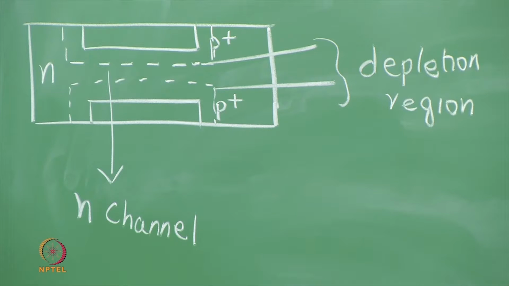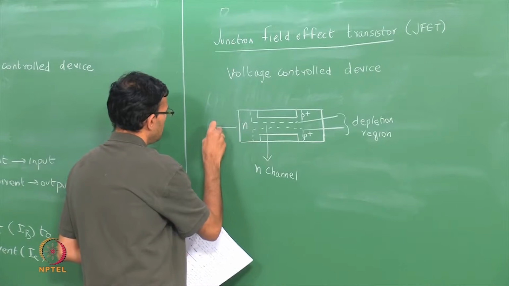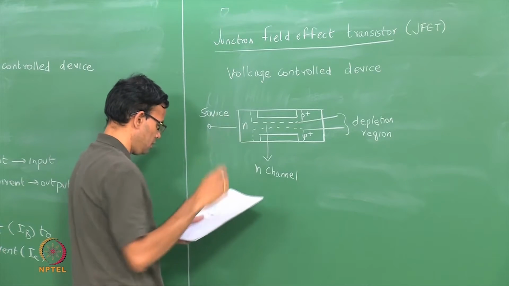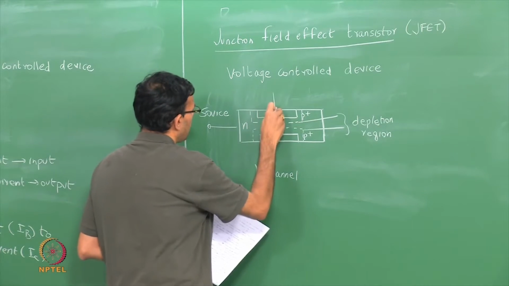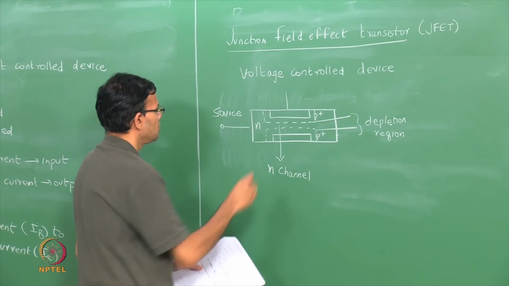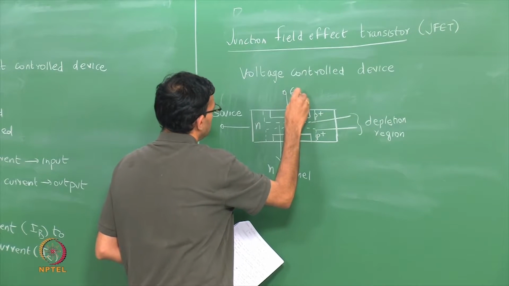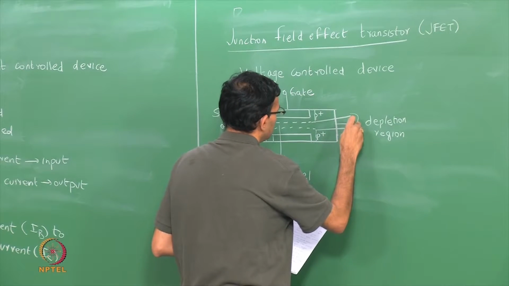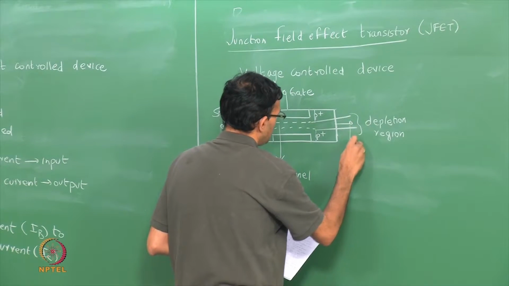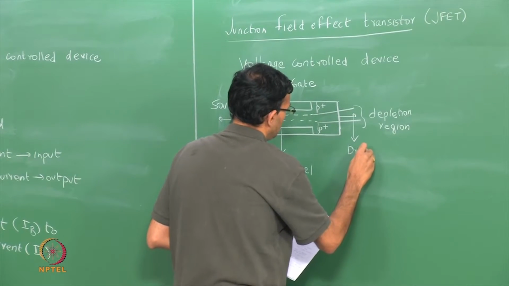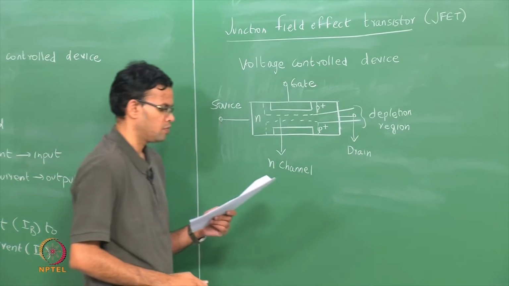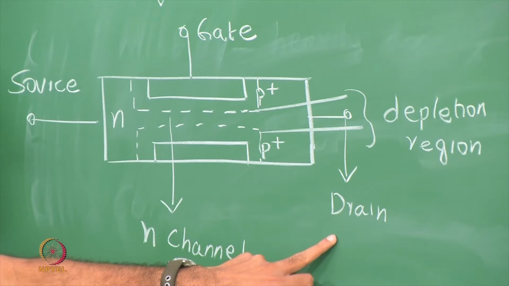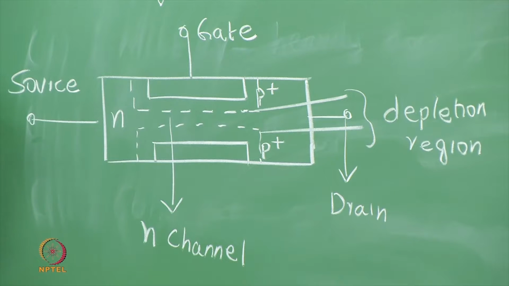So, we can again define 3 terminals. You have one that is called a source, you have one that is connected to the p plus, called your gate, and then you have a drain. So, you have a source, you have a drain, and then you have a gate.